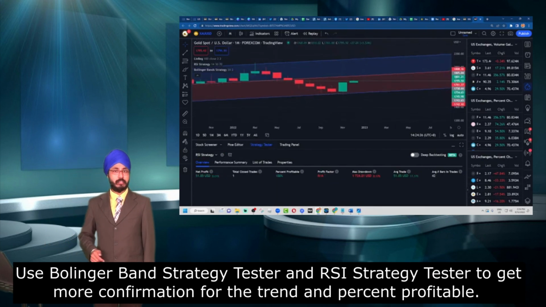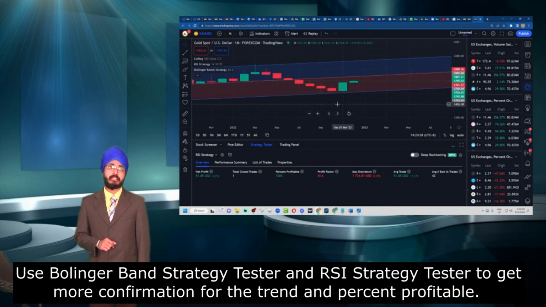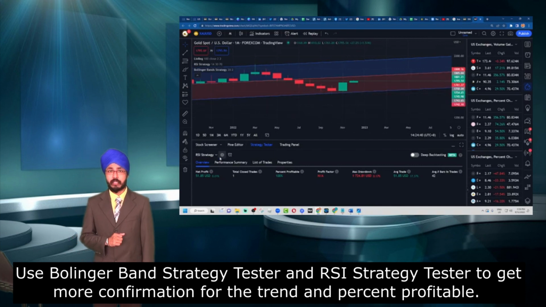We will use another tool known as the Bollinger Band strategy tester and also the RSI strategy tester.